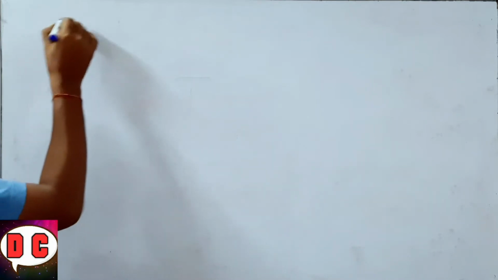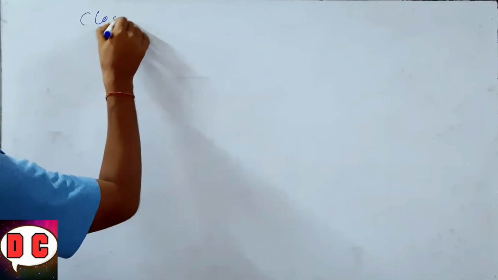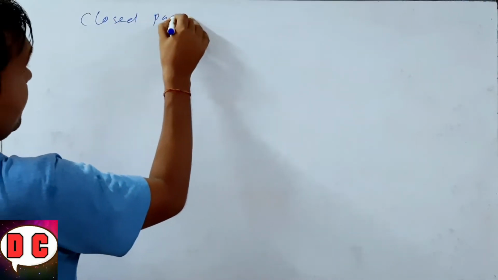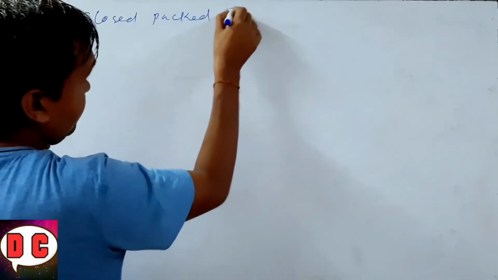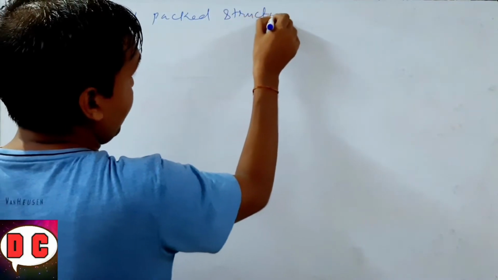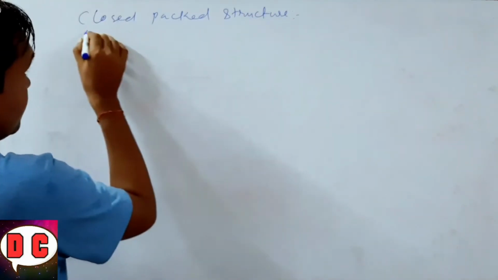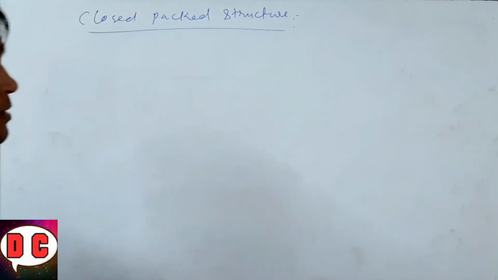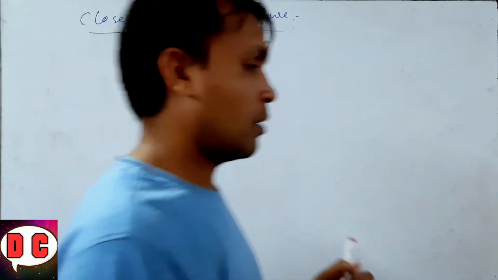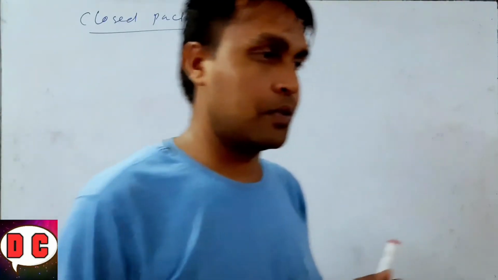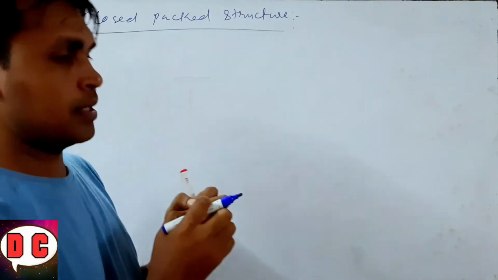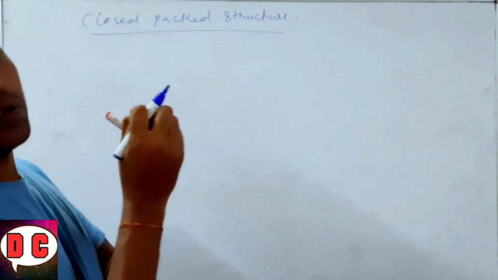Okay, fine. The next topic we are going to understand is close packed structure. Close packed structure means that the atoms are very close to each other.